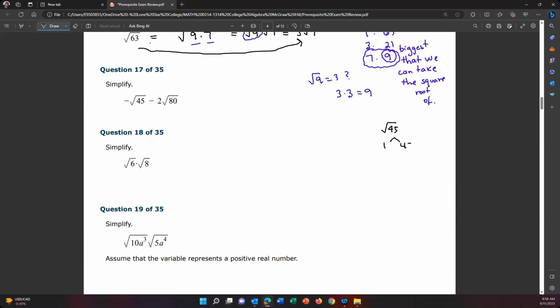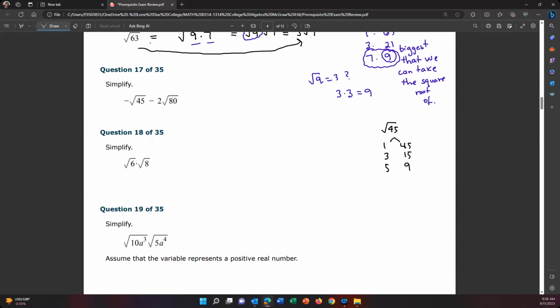1 and 45, not 2, but 3 and 15. Okay, not 4, but 5 and 9. And then we got 6, 7, 8, 9. No, that's it. Okay, this is the list of factors.